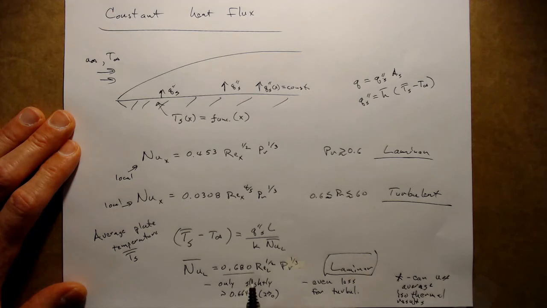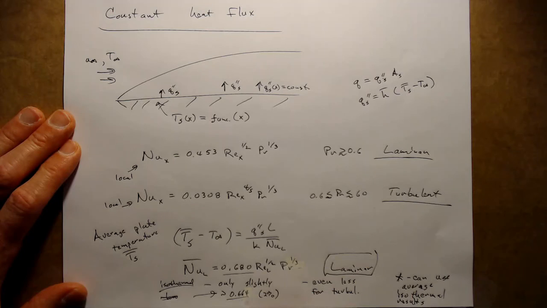And for the laminar regime, we obtain a value, if we integrate, that looks like this. So we get an average Nusselt number over the entire length of the plate as 0.680 times the Reynolds number, again with the length scale now of L, the entire length of the plate. But we notice that this is only slightly greater than the value that we obtained for the isothermal average.